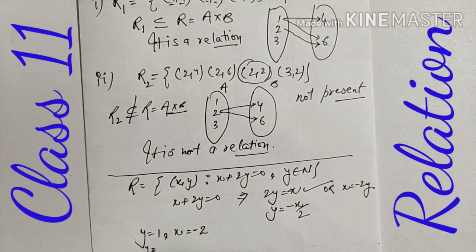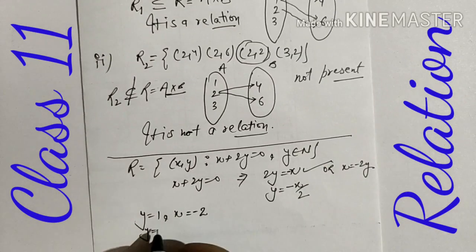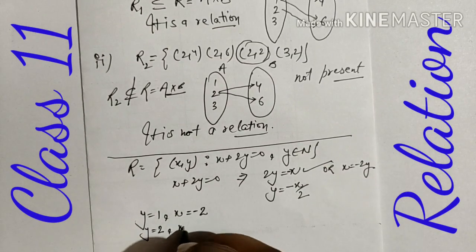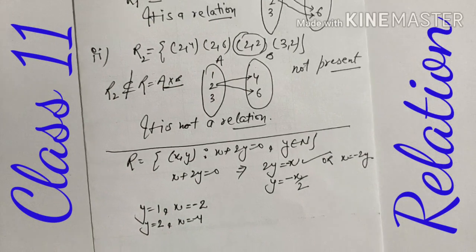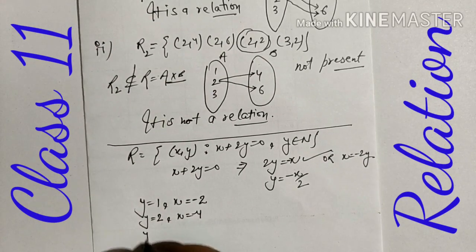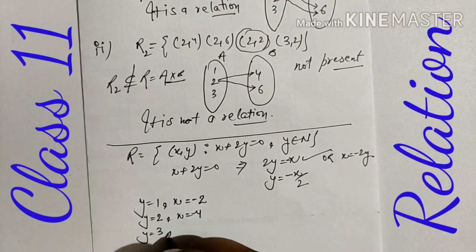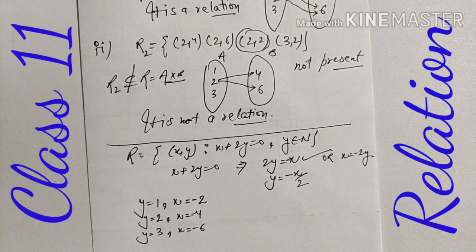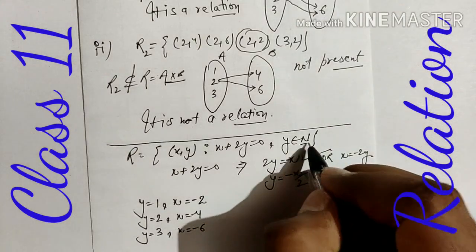If we put y is equal to 2, the next natural number, x becomes minus 4. If we use another natural number, 3, x becomes minus 6. As in the question, y is a natural number. If you put y as a natural number, it is given only a single set.